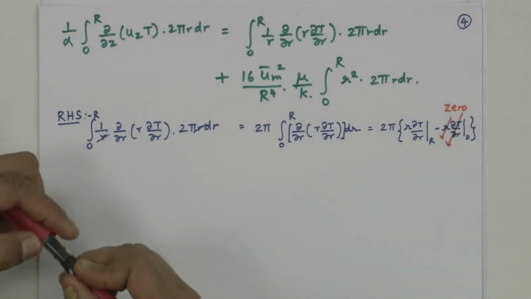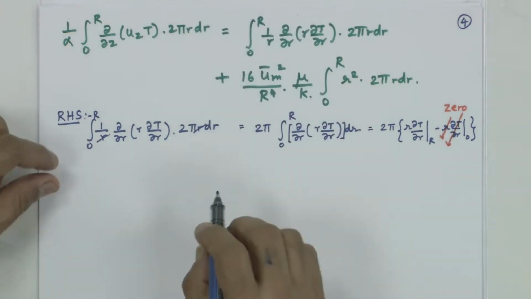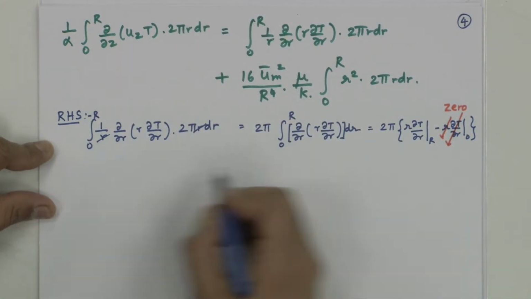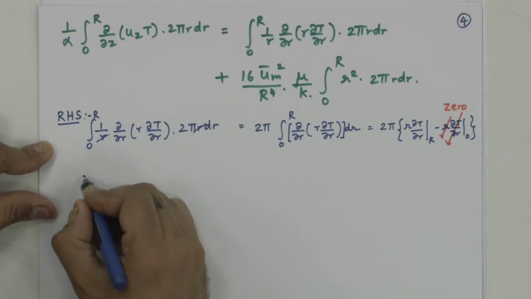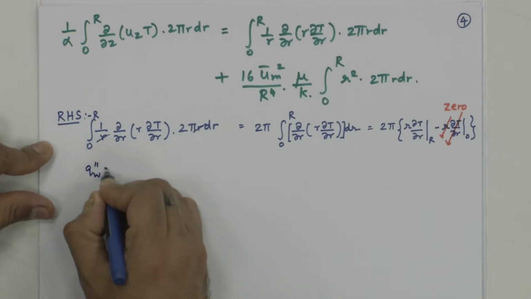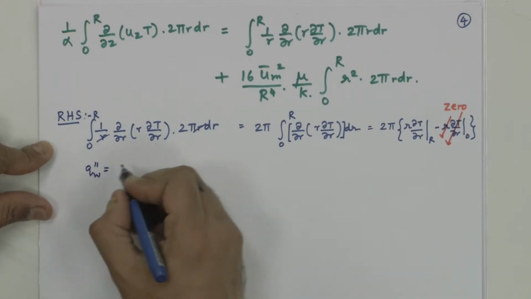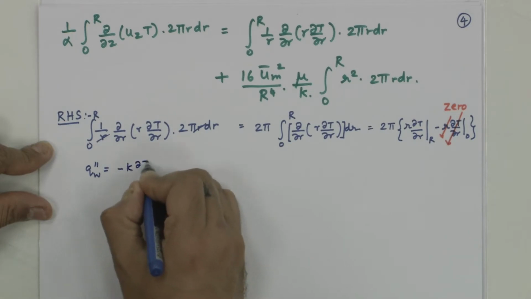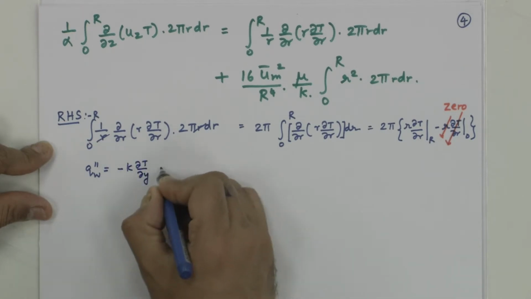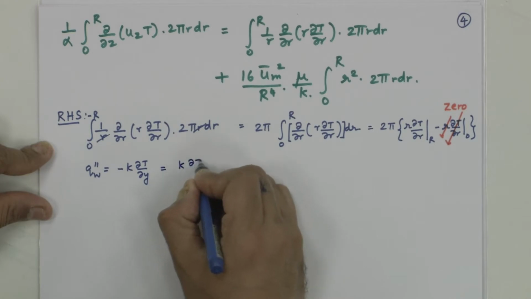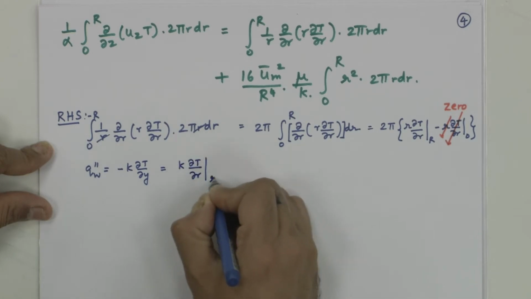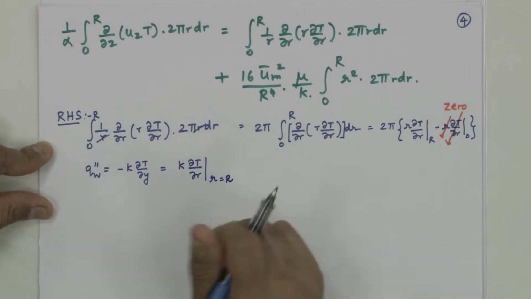What is r dT by dr at capital R? If you look at the geometry, q double prime is equal to minus k dT by dy, or this is k times dT by dr at r equal to capital R. Why?